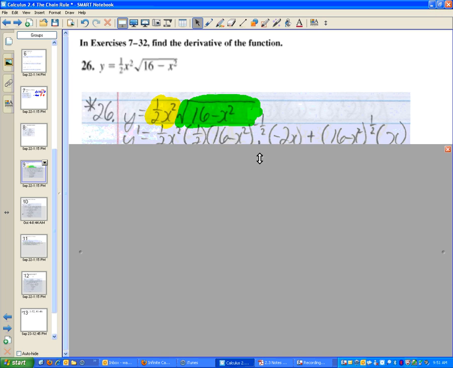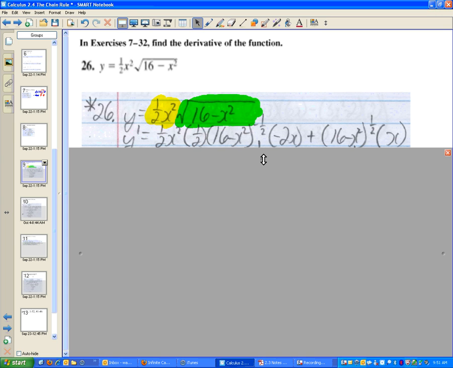Okay? So the product rule says the derivative of a product is the first function, 1/2 x squared, times the derivative of the second function. Now, to take the derivative of the square root of 16 minus x squared, we have to use our brand new chain rule. And in fact, I'm going to think of this as the general power rule.